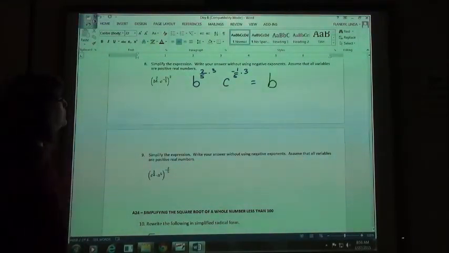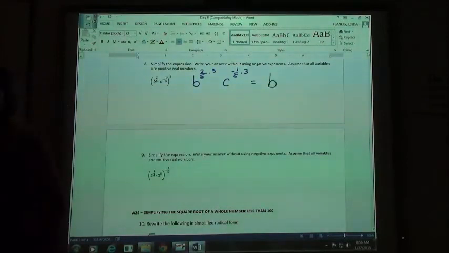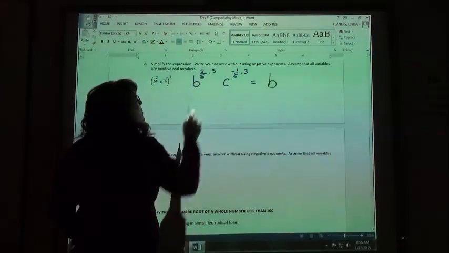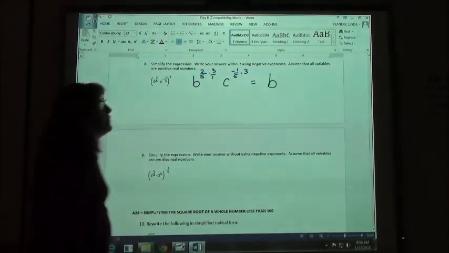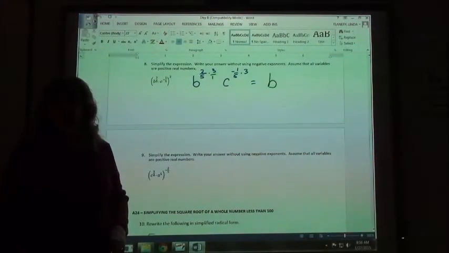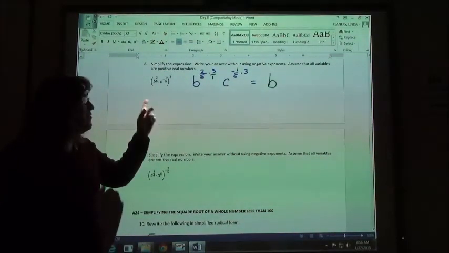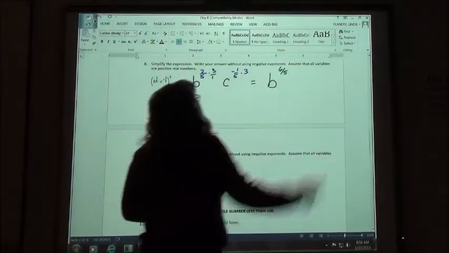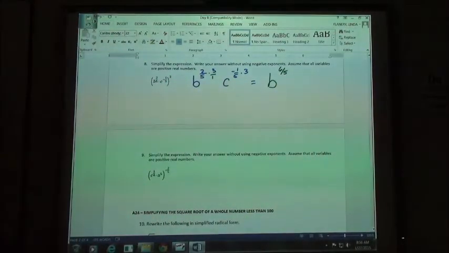You have 2/5 times 3. 3 is over 1. You can't cancel on this one, so you just have to multiply. 2 times 3 is 6, and 5 times 1 is 5. So 6/5 power, right?